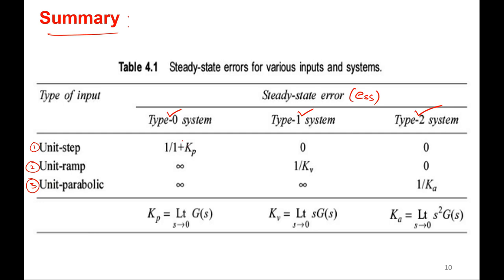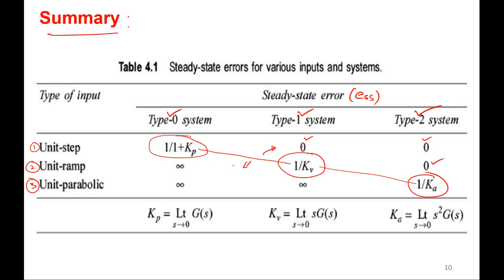So how to remember this? Just observe here, the diagonal elements. These are diagonal. Observe here, this is diagonal, right? Right on the table. So you know the steady state error for type 0, 1 divided by 1 plus Kp. This you will write, no problem. 1 by Kv, 1 by Ka. And above this diagonal, fill up zeros: 0, 0 and 0.